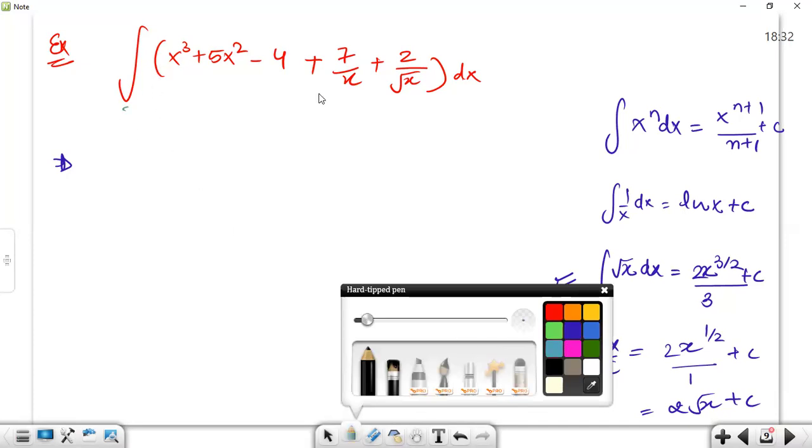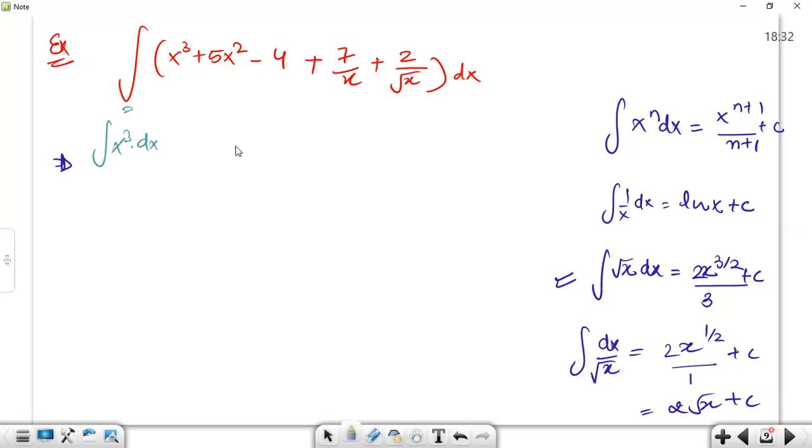So this operator will get separately divided. We can write it as dx plus 5x square. So this is a basic property.